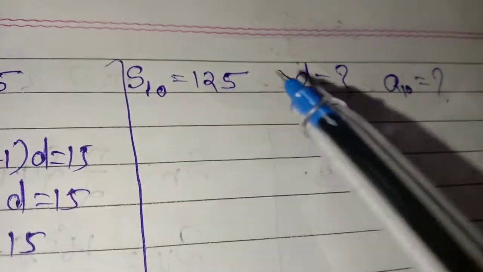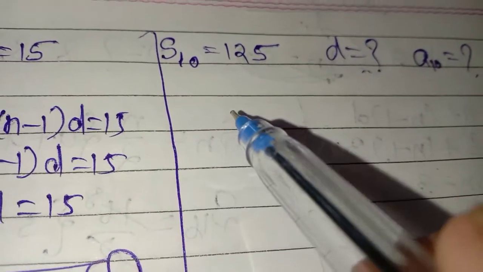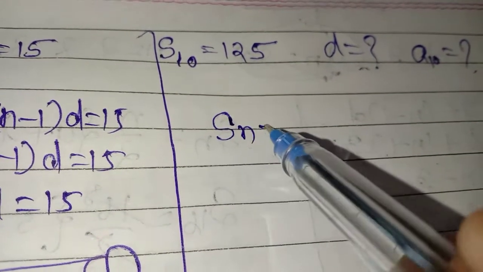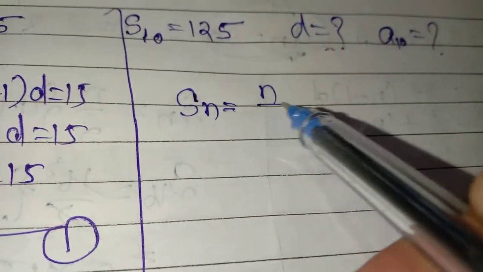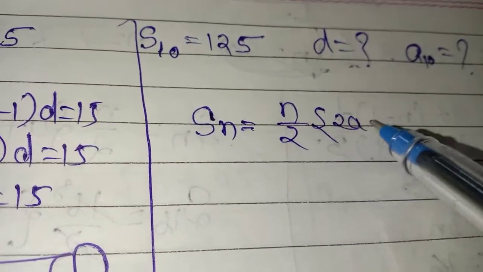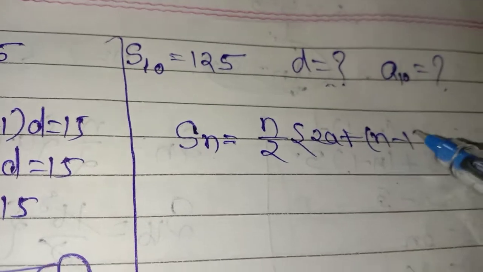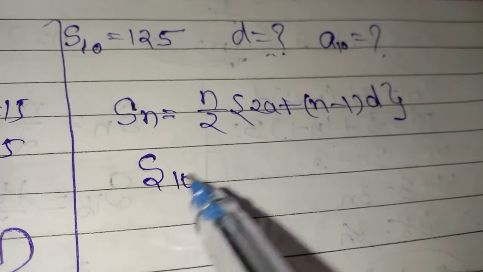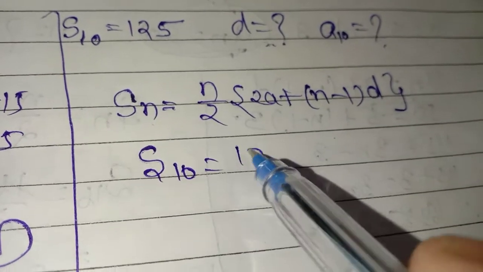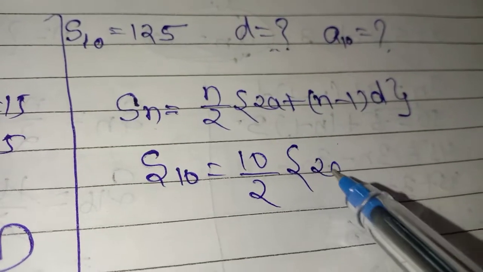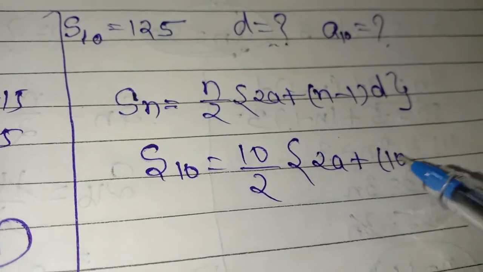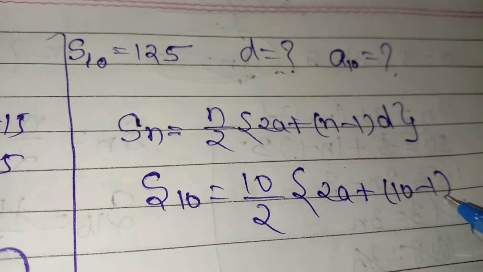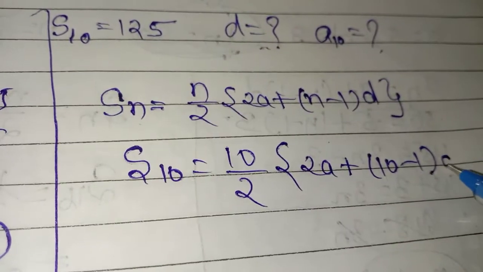Now S10 is equal to 125. We have the formula for the sum of n terms: n by 2 into (2a plus (n minus 1) into d). So S10 is 10 by 2 into (2a plus (10 minus 1) into d), and d is unknown here.